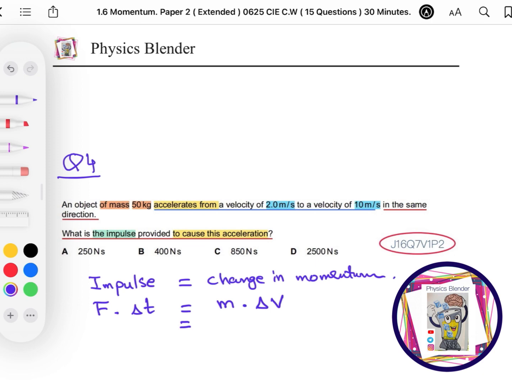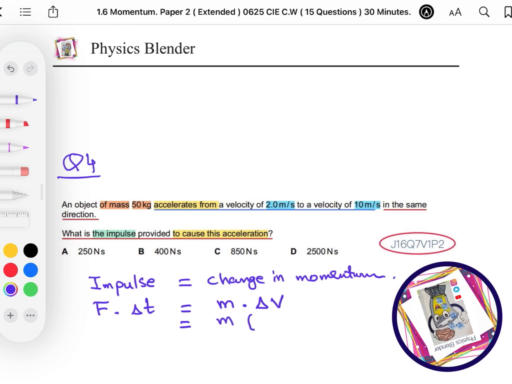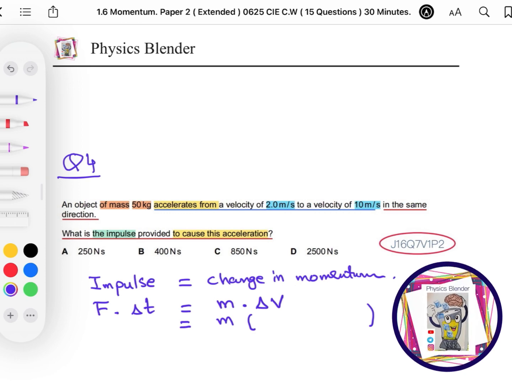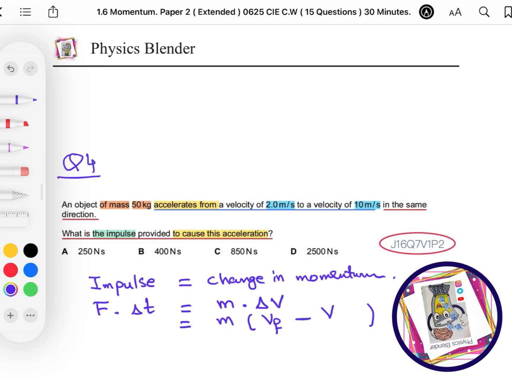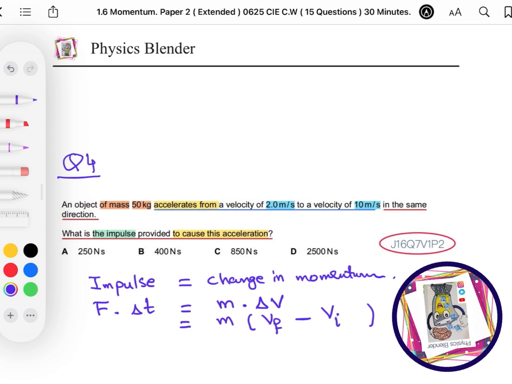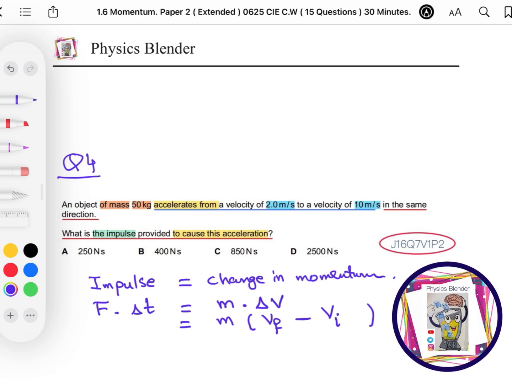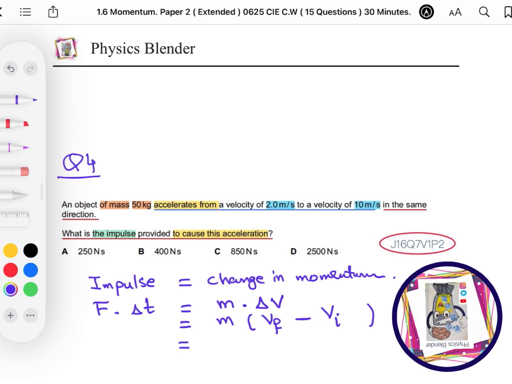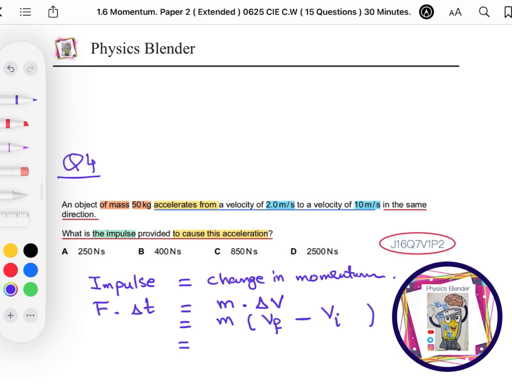The mass we have here is given already. Delta V is final velocity minus initial velocity, which can be simply used to calculate the change in velocity.